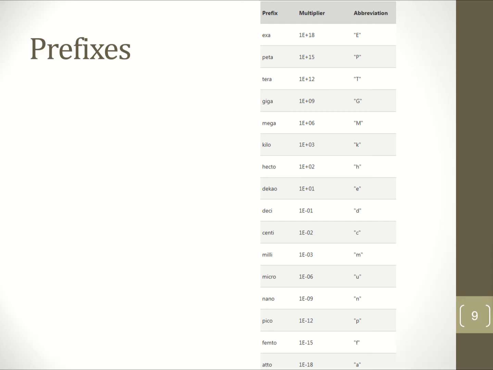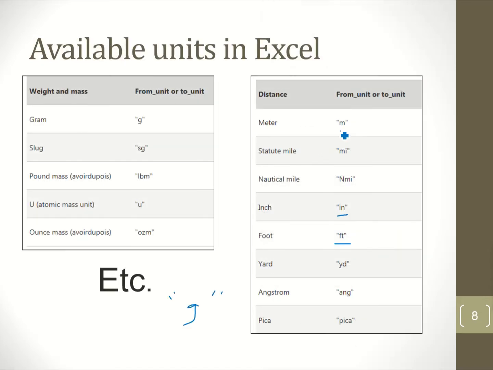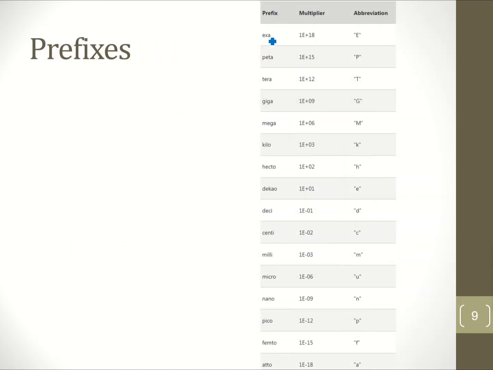There are also prefixes that we can use. For meters, up here, if we have kilometers we can use a K, for centimeters a C, or millimeters. These are the typical prefixes that we will use, like megawatts or something like that.